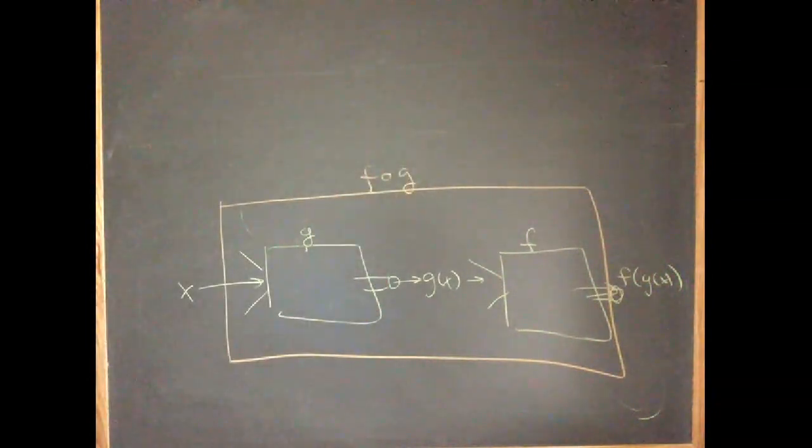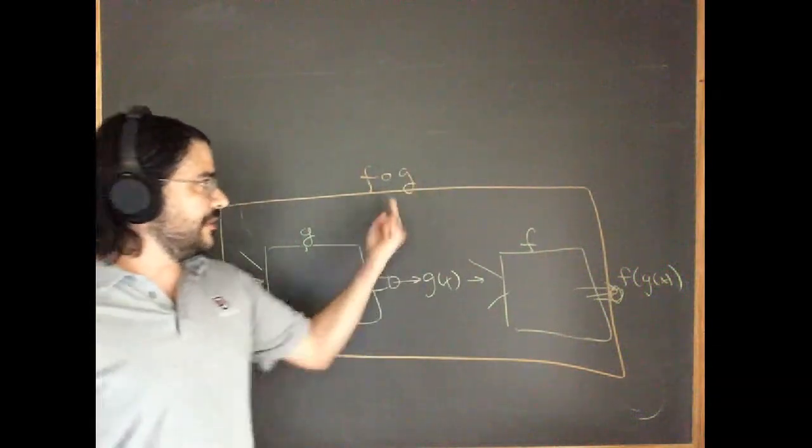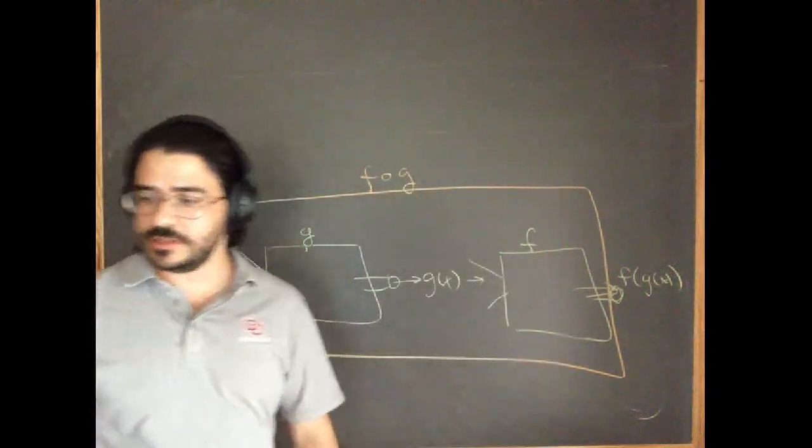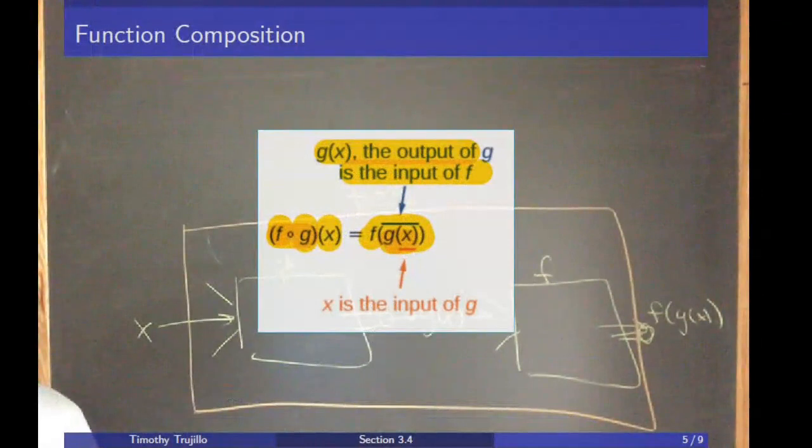You'll notice in the picture it's a little bit backwards. The g comes first, so you plug into g first, and then into f afterward. That's what the definition from the textbook is saying: f composed with g, that's what the little circle means, is f of g of x.